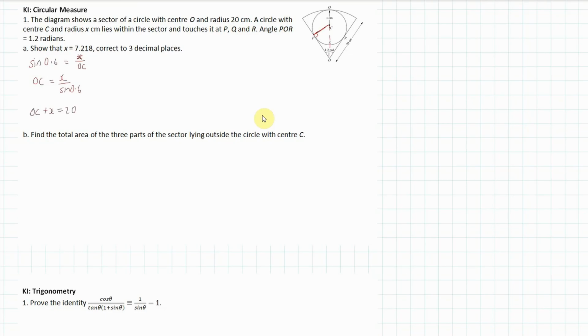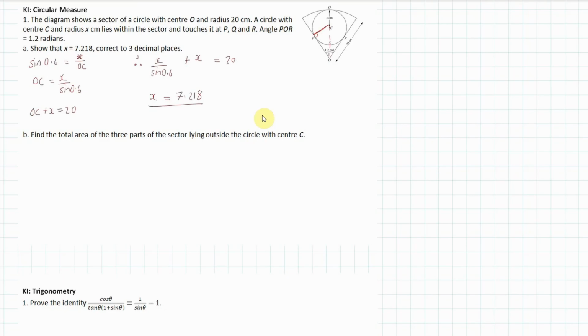Because the radius of the bigger circle there is 20. Therefore I can say that x over sine 0.6, of course we're in radians here, plus x equals 20. And then I can solve for x. When I solve for x, I'm getting x is equal to 7.218.